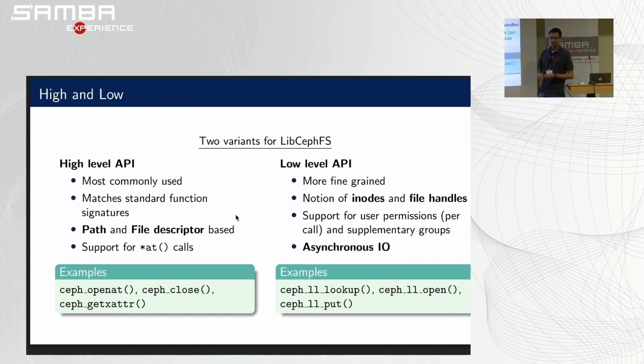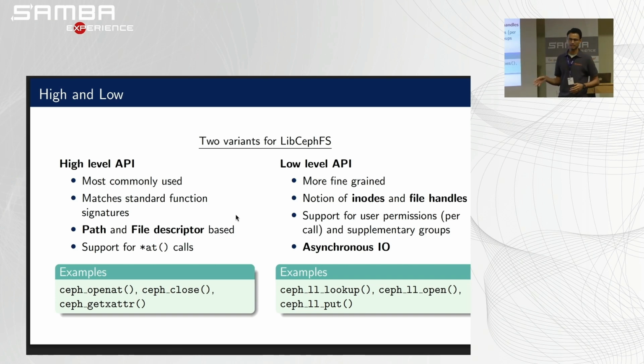There are two variants inside libcephfs itself: a high-level API section and a low-level one. The high-level API is the most commonly used, and most of the functions we see there match the standard system calls. They are just prefixed with ceph_. These are all path-based and file descriptor-based, and we have support for the at calls. These are some examples that you can see.